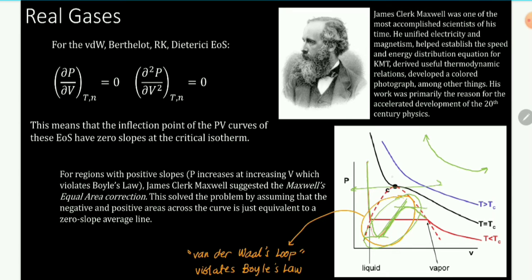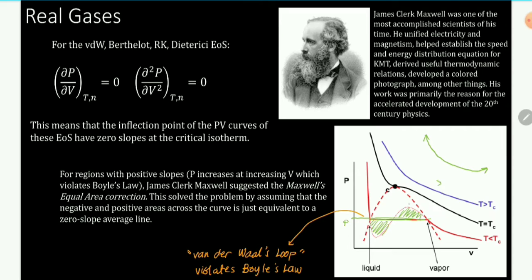So, James Clerk Maxwell found a way to resolve this issue on the van der Waals loop. So, ang ginawa niya, kinuha niya yung line, or yung pressure where the areas here and the areas here, or the area here and the area there are equal.